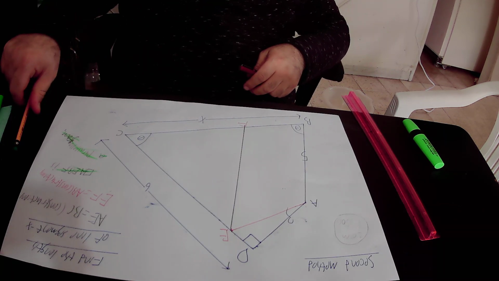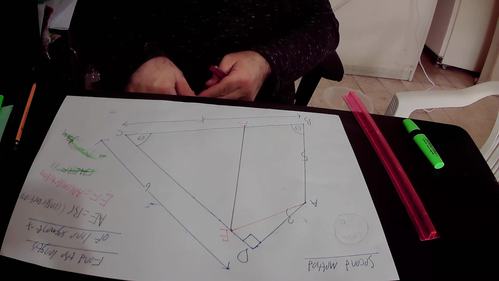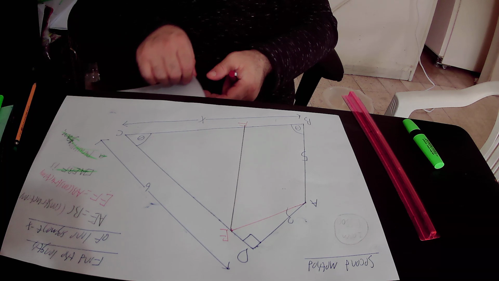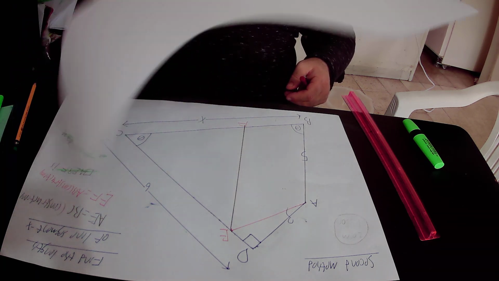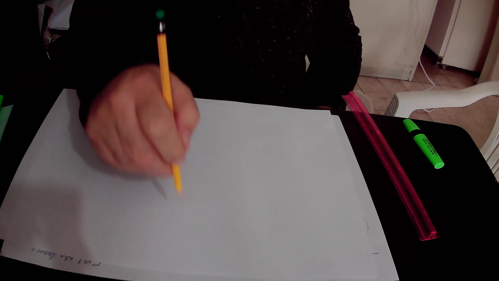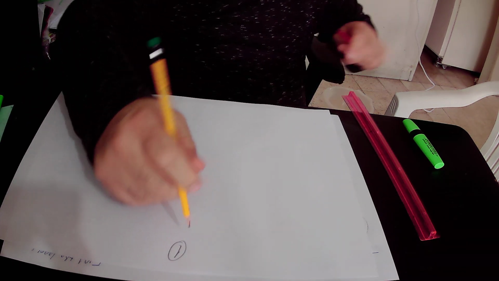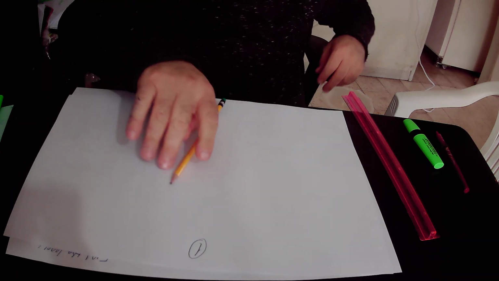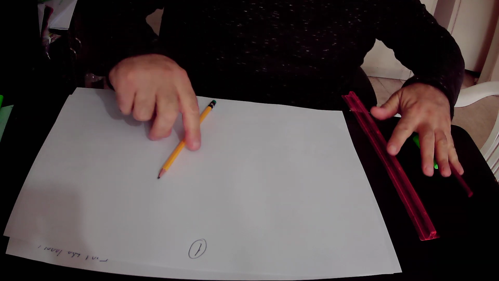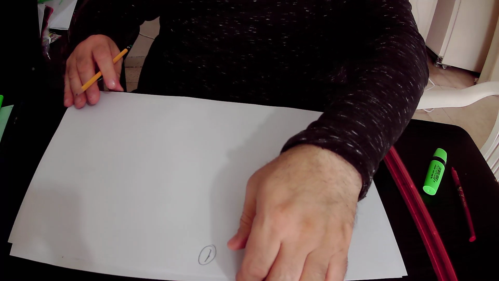According to rule number 3, corresponding angles between parallel lines are equal to each other. I'll write it down.